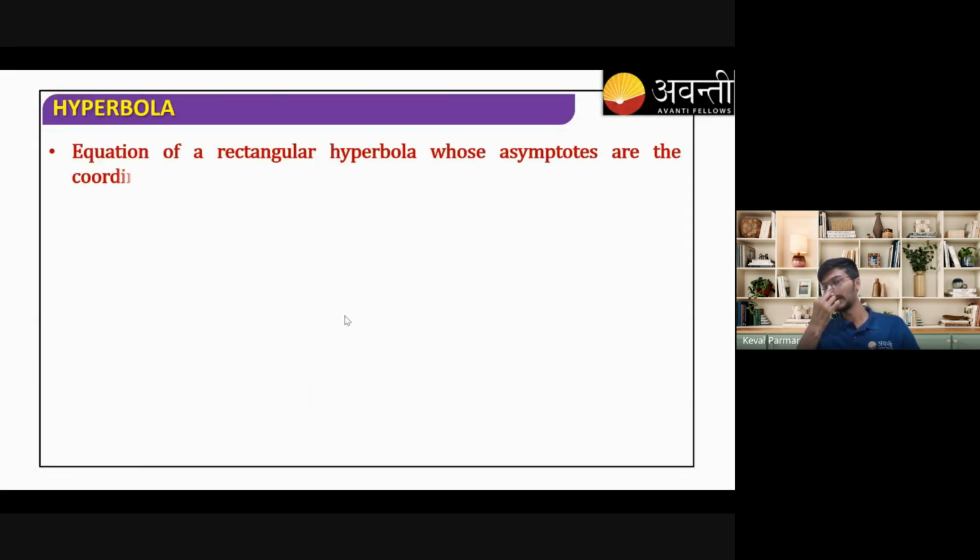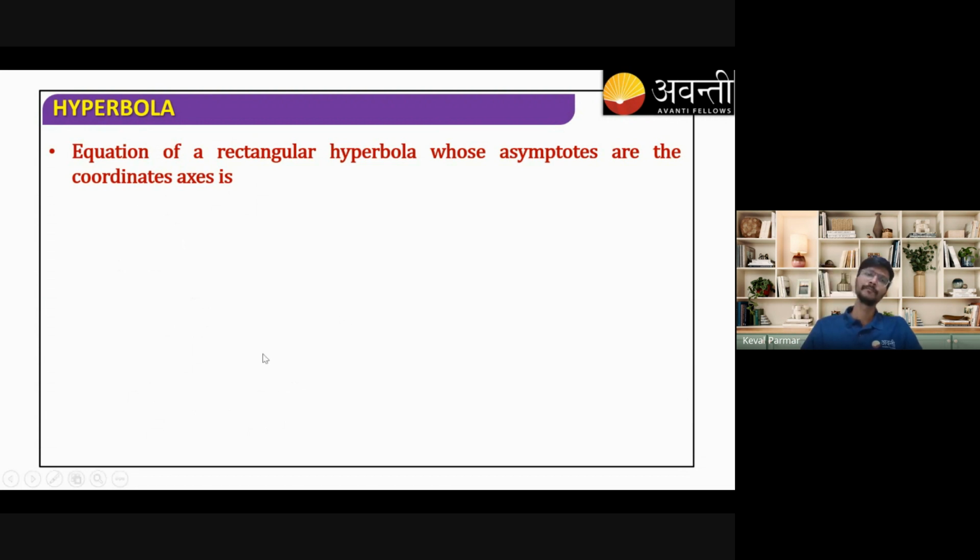The equation of a rectangular hyperbola whose asymptotes are the coordinate axes. Now, we already saw how the hyperbola looks like. But let's try to get the equation of the rectangular hyperbola.